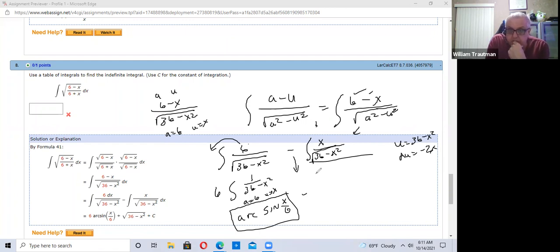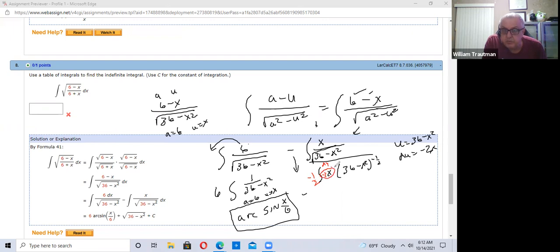I can rewrite this integration in exponential form: x times 36 minus x squared to the negative 1/2. Okay, so this is u, this is du. So I need to put a negative 2 here, and so in front, I need to put a negative 1/2.